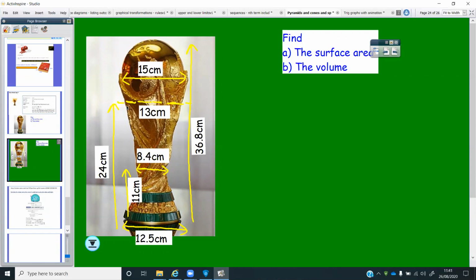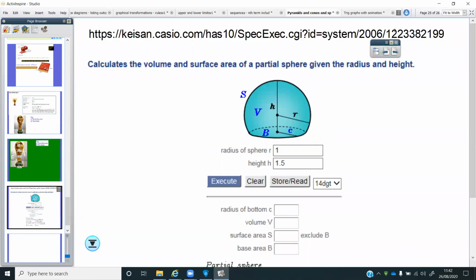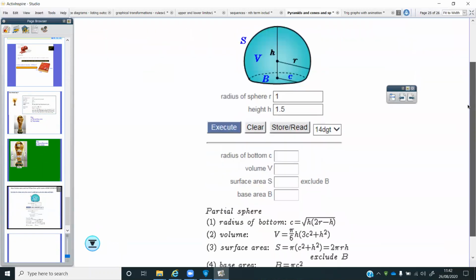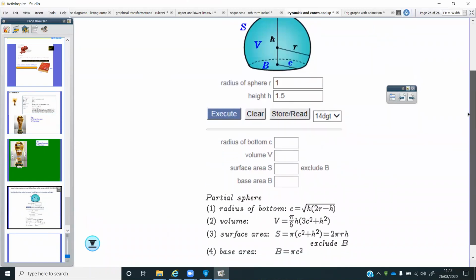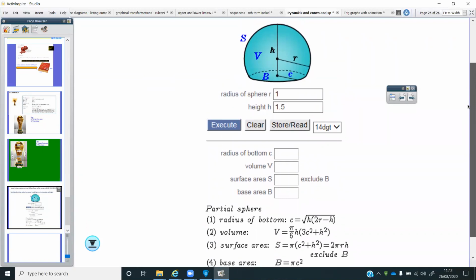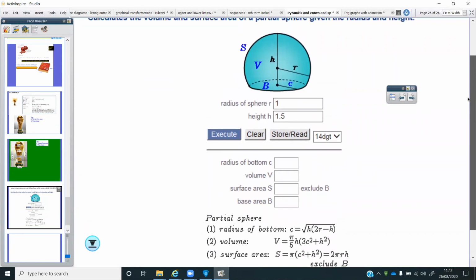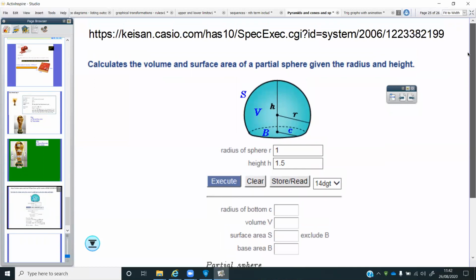You also notice with this, because I was thinking, well, it isn't a perfect hemisphere, is it here? It's not a perfect hemisphere. You might want to look at situations where you've got a partial sphere. And again, we're pushing this now. This is the limits, really, of where you would probably go at GCSE. But again, you can use integration, volumes of revolution, to work these ones out as well.